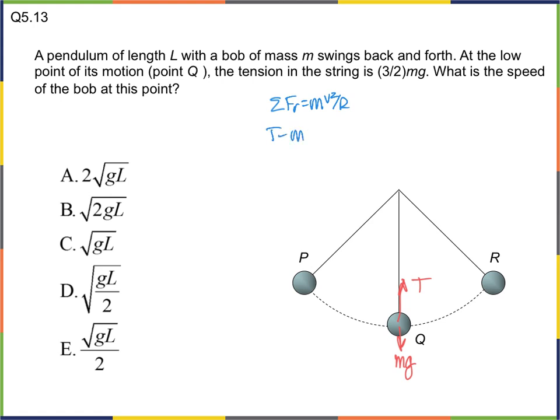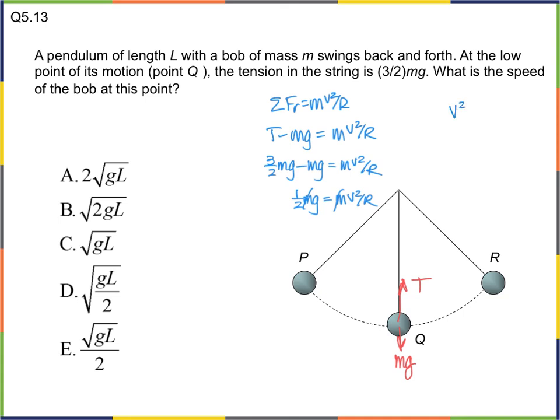Tension minus mg is equal to mv squared over r. All right, so we're told that the tension is 3/2 mg, so we have 3/2 mg minus mg is equal to mv squared over r. So this gives us 1/2 mg is equal to mv squared over r.